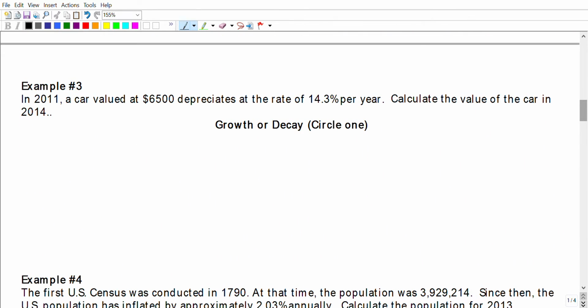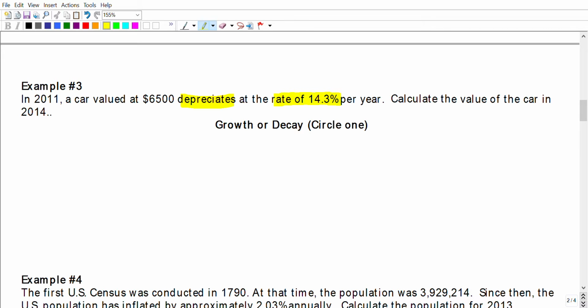Alright, so it says, in 2011, a car valued at $6,500 depreciates, so right off the bat, I have a keyword there, at a rate of 14.3% per year. Another key thing there is calculate the value of the car in 2014.